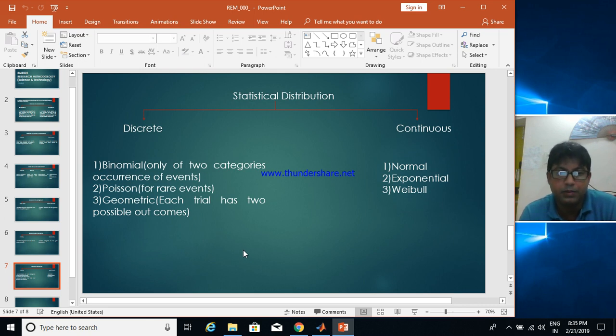That's why it is binomial. Another is Poisson, which is applicable for rare events. The third one is the geometric distribution, where each trial has two possible outcomes only. And in continuous, there are the normal distribution, exponential distribution, and Weibull distribution.